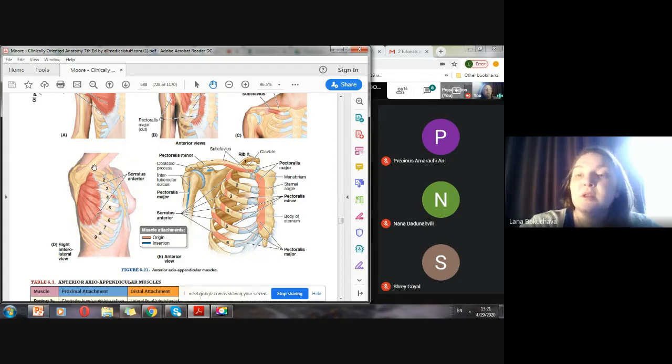That's where we had the serratus posterior superior and serratus posterior inferior muscles. So serratus literally means saw-like structure. So as a result, it's very well seen in the case of the serratus anterior muscle, representing the anterior axial-appendicular ones. So here, the question is, what are the attachments of this particular muscle?